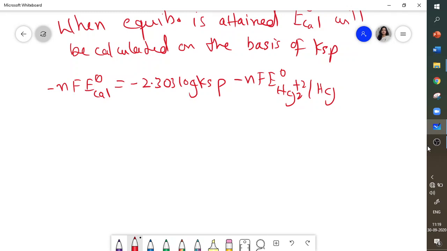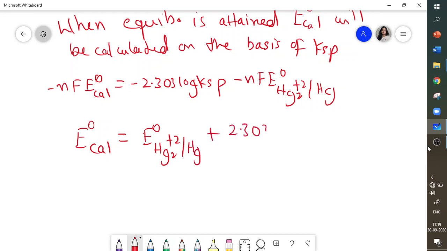Then we can write finally E naught of calomel is equal to E naught of Hg2 2+ Hg plus 2.303. I forgot to write RT here, so just write RT.